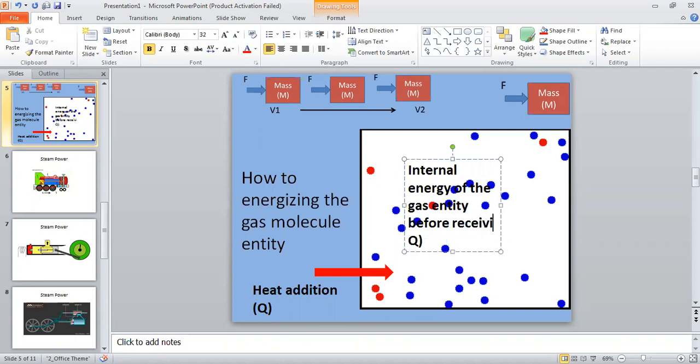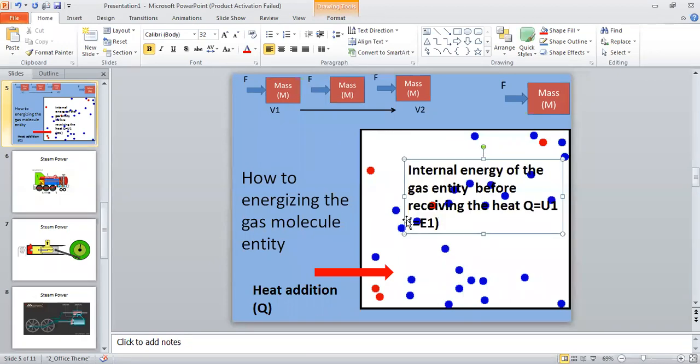Before receiving the heat Q, let's say this is U1 or E1. Both are okay.